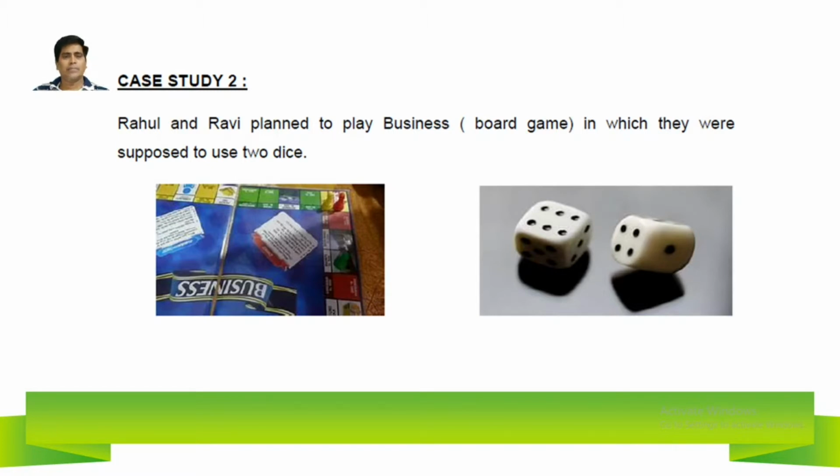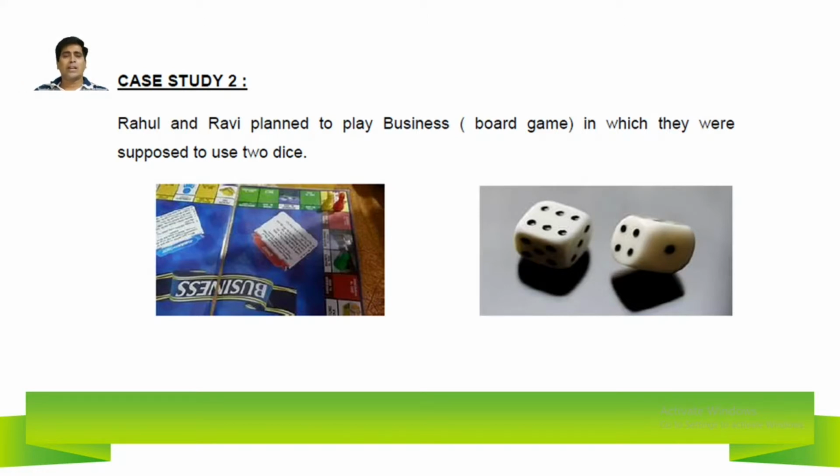Rahul and Ravi planned to play a business board game in which they were supposed to use 2 dice. So you know what the business game is. It is basically a board game.